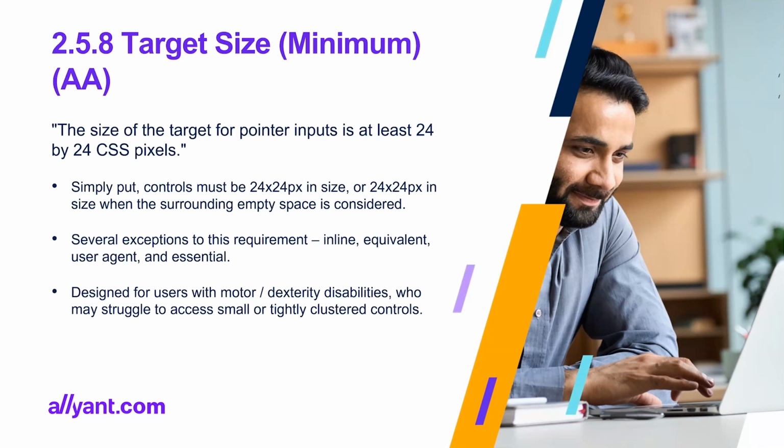But further down the page in the product details, you have a very large prominent button that can be toggled to view those reviews. Because you have a second control on the page that is equivalent, it provides the same function and it meets the size requirement, it's okay that the one adjacent to the buy now button does not meet the size requirement. So that's what they mean by equivalent.